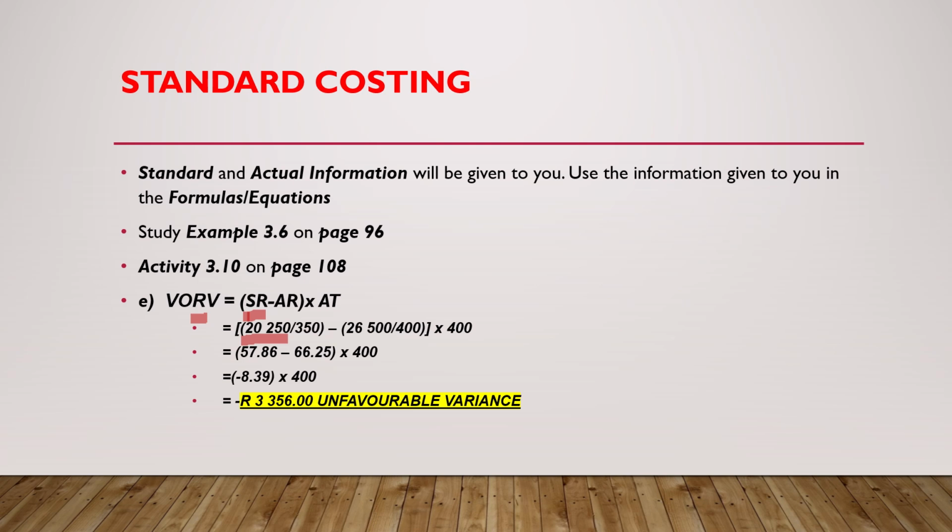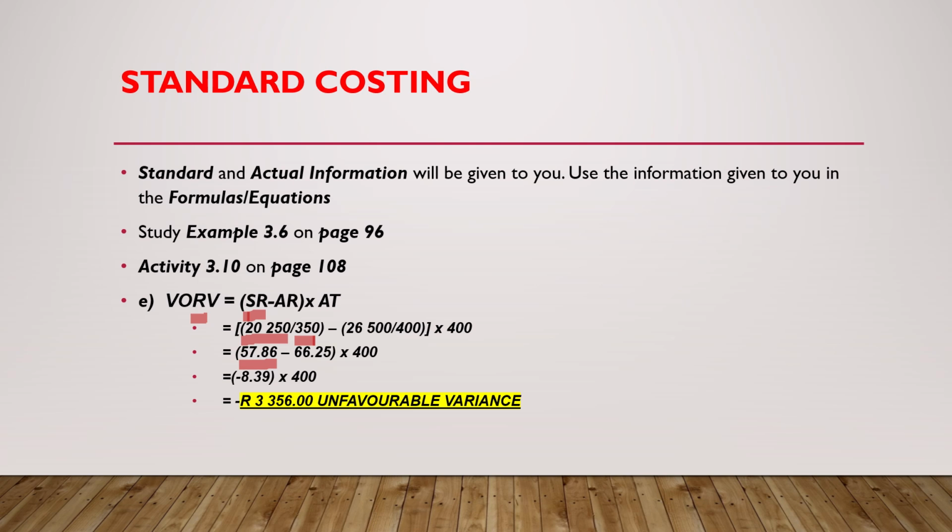Go to budgeted information. There is labor hours 350. Okay, and then when you do the calculation there, we are left with 57 rand 86 cents. Okay, and then minus actual rate.